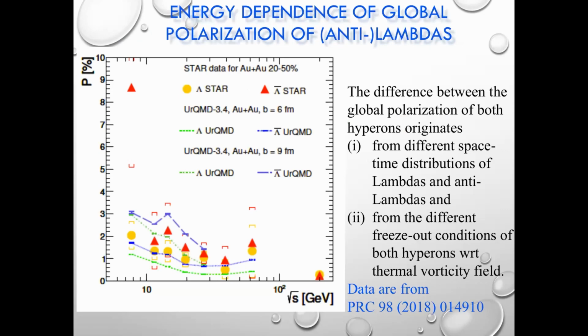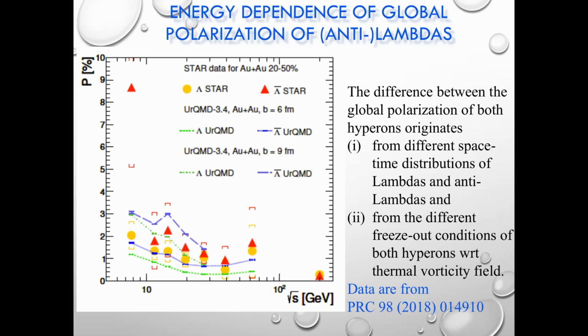Next plot. Yes, and that's our main result, our main plot. We compared our calculations obtained for lambda bars in gold-gold collisions at energies from 200 GeV down to 7.7 GeV with two impact parameters, 6 Fermi and 9 Fermi.